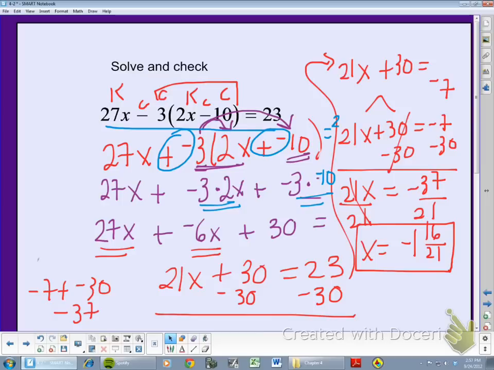Then we added these like terms together to get 21x plus 30 is equal to 23. And then we started working with the other side of the equation. So we subtract 30 from both sides. Then we have 21x is equal to negative 37, and we divide each side by 21 and reduce the fraction. Okay, so that still might have been a little bit confusing.